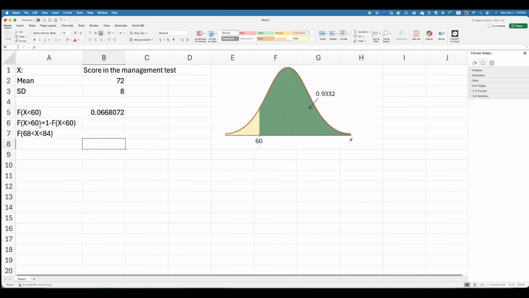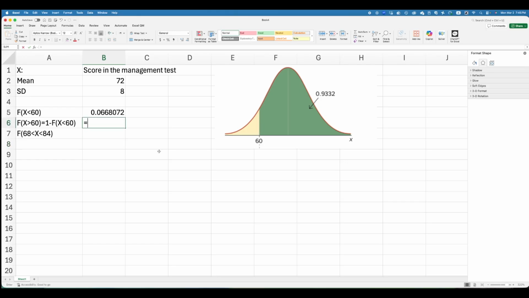Either the test score is more than 60 or less than 60. The area under the curve is 1. So if there is a 6% chance that the yellow part is happening, then 1 minus the yellow area gives me the green area. So 1 minus f of x less than 60 gives me the green area.